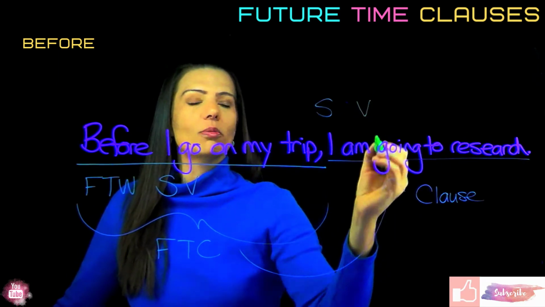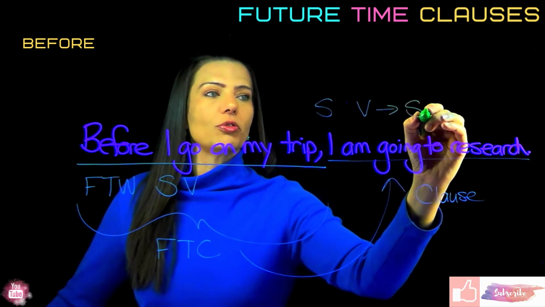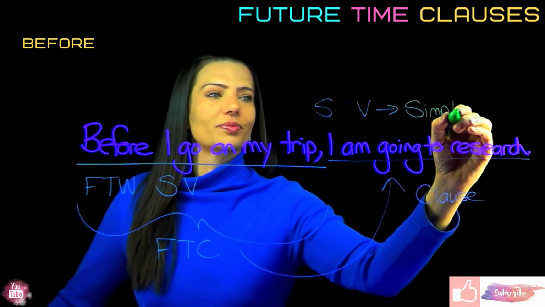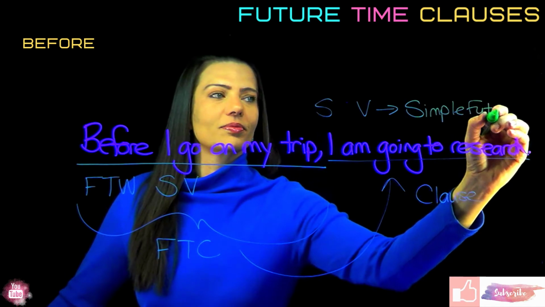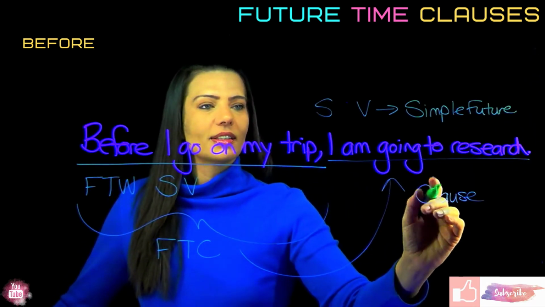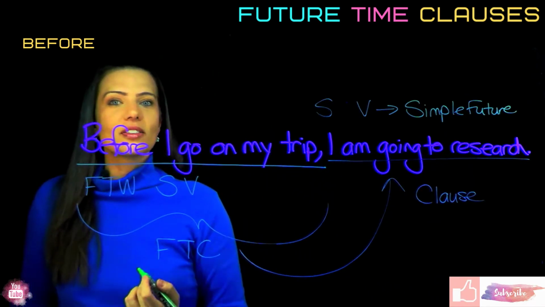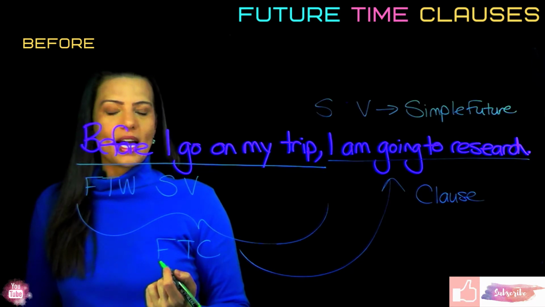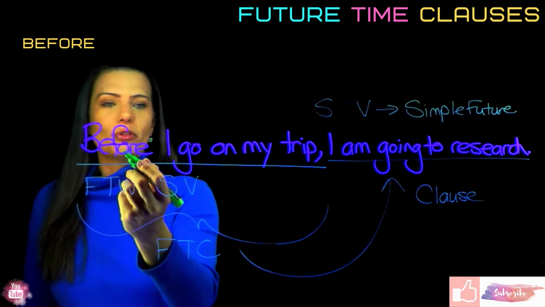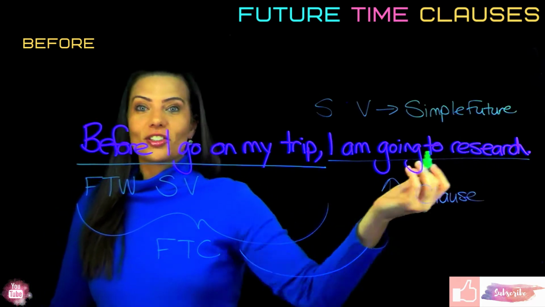This is the verb, and that verb is in the simple future. So this main clause is going to happen, but the future time clause lets us know when that is going to happen. Now here we have, before I go on my trip, I am going to research the best places to visit.